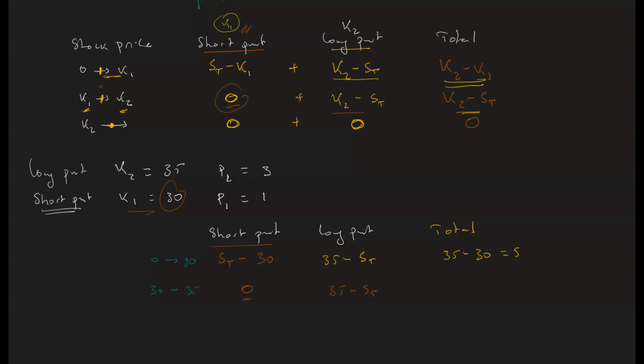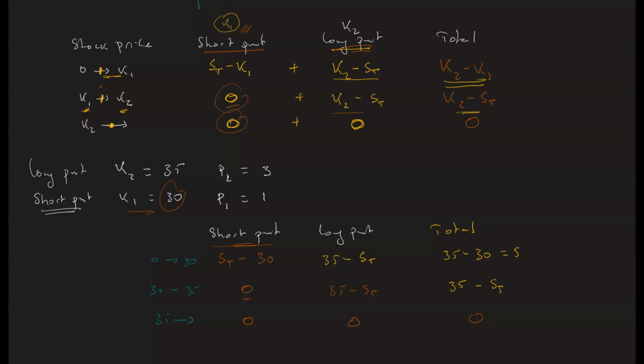So it's going to be 35 minus ST, whatever the stock price ends up being at the expiration of this contract. And finally, when the stock price is above 35, on the short put, we're going to have 0. On the long put, we're going to have 0. And our outcome at the end of the day is also going to be equal to 0. And so that is the profile that we are looking at essentially.